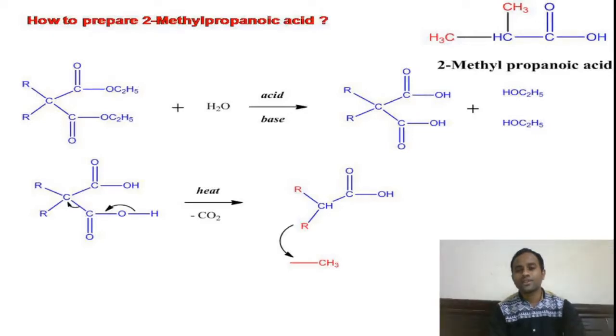That is also known as dimethyl acetic acid. Dimethyl acetic acid, right? So in this way, we can prepare a variety of carboxylic acids from the malonic ester.